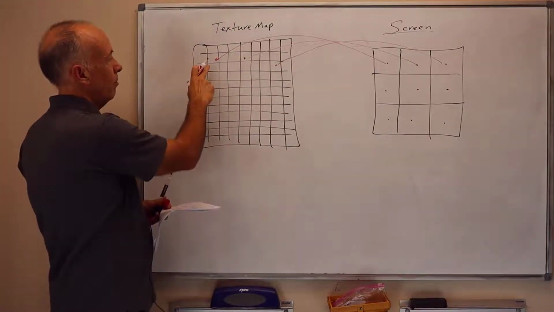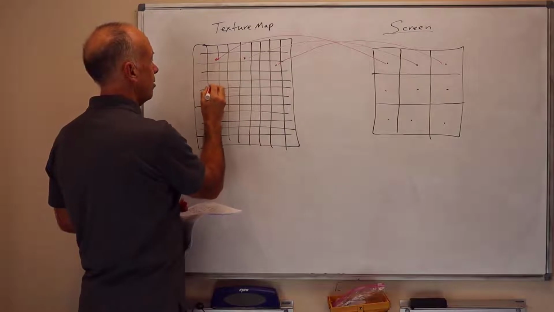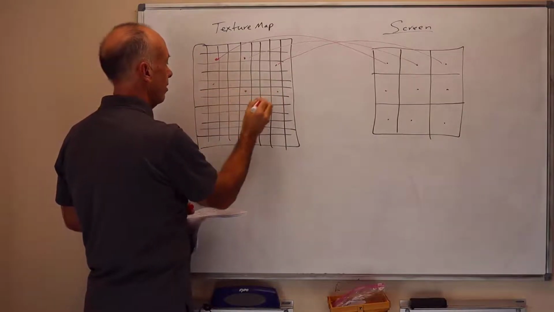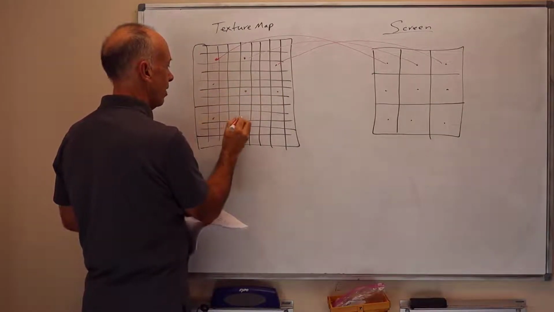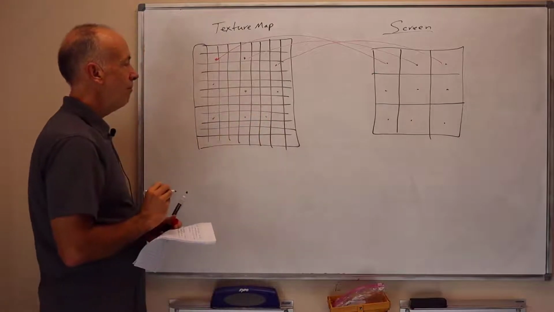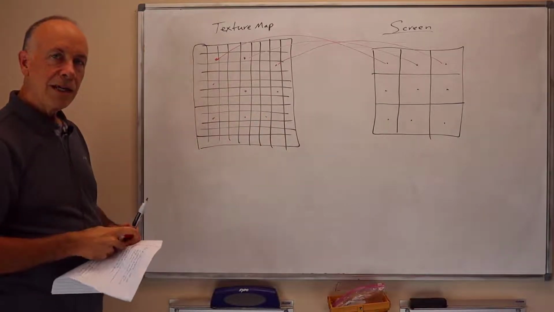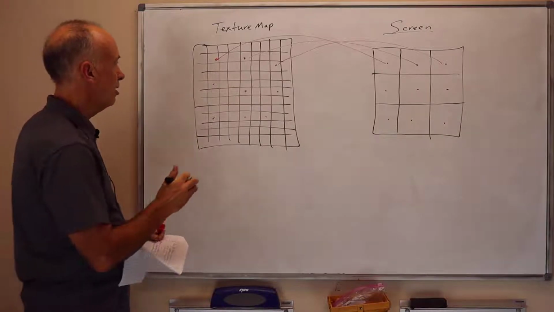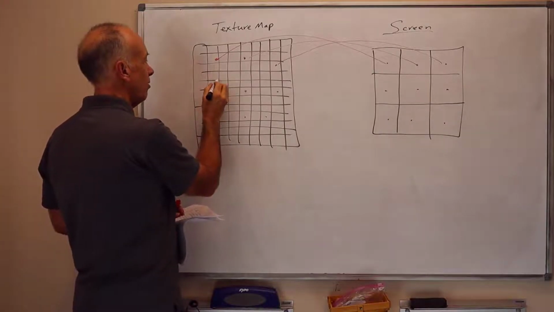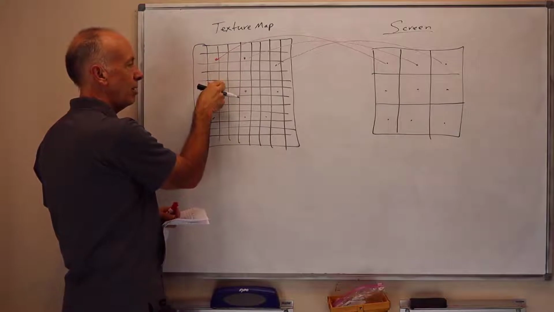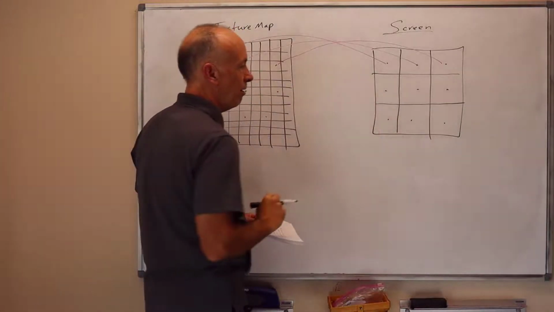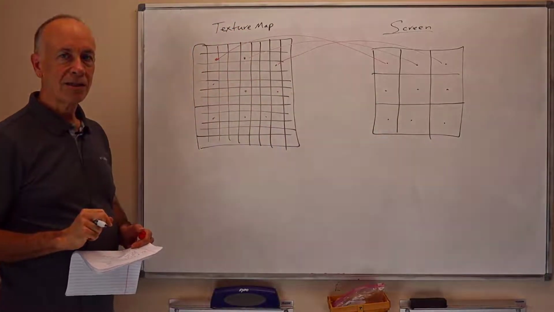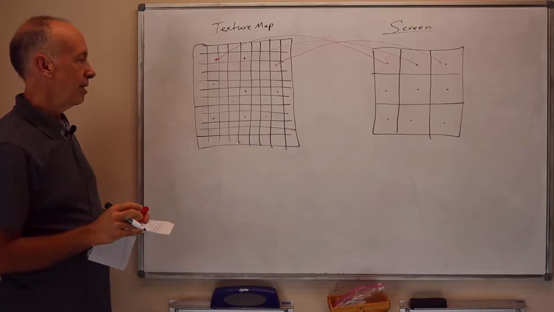So that might be the top ones, and the next three might be here, and the next three might be here. And if we just did either snapping to the nearest pixel center or using bilinear interpolation, even with that, we're still only picking up a very small number of pixels in the texture map affecting the pixels on the screen. A lot of pixels are being missed.